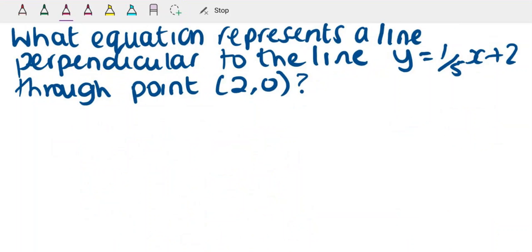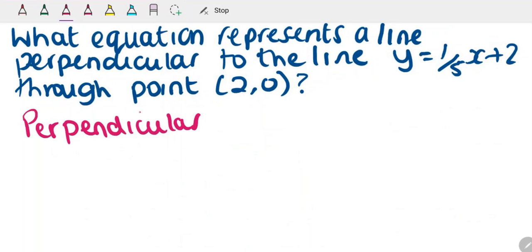So the next question: what equation represents a line perpendicular to the line y equals a fifth x plus 2 through point (2, 0)? So perpendicular, these lines have a reciprocal slope, which is negative. So we multiply by -1.